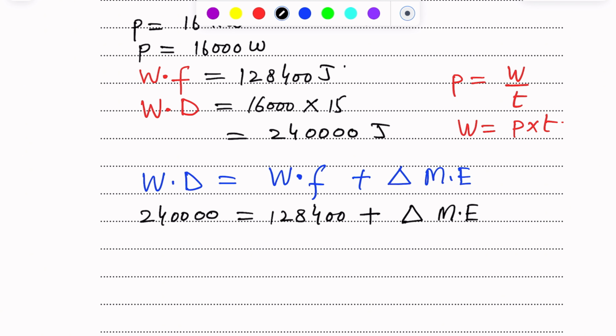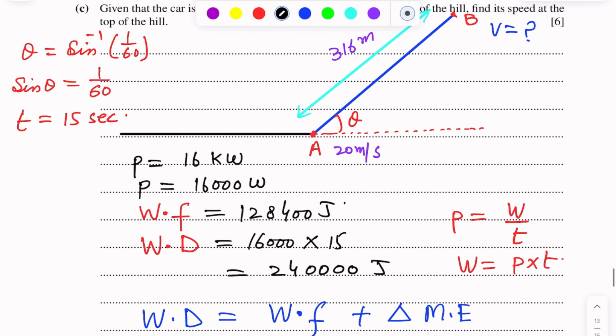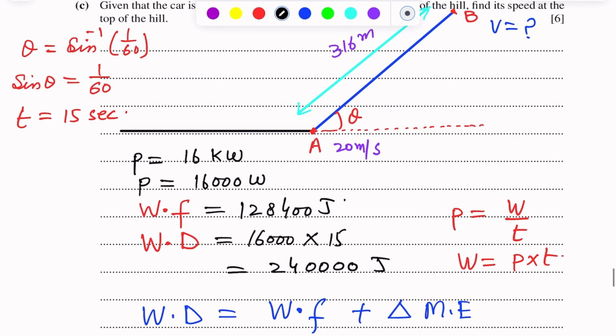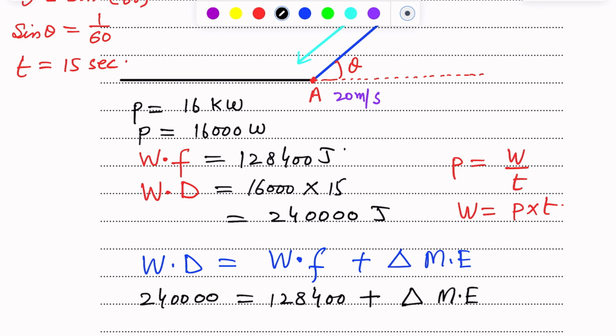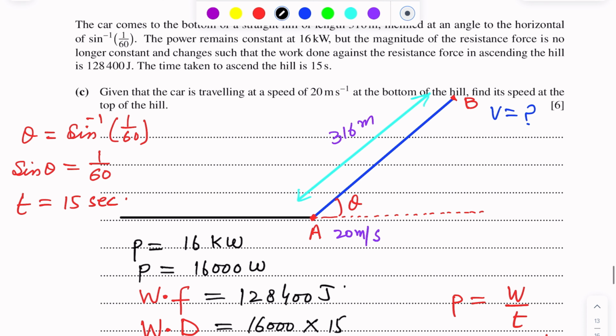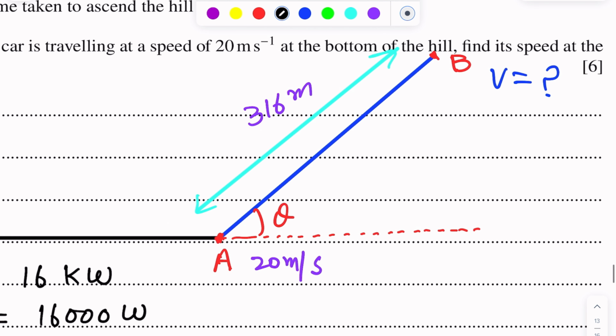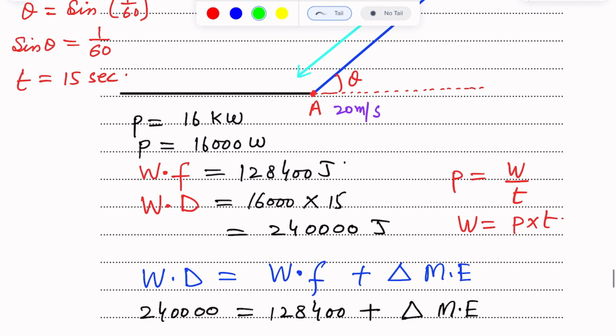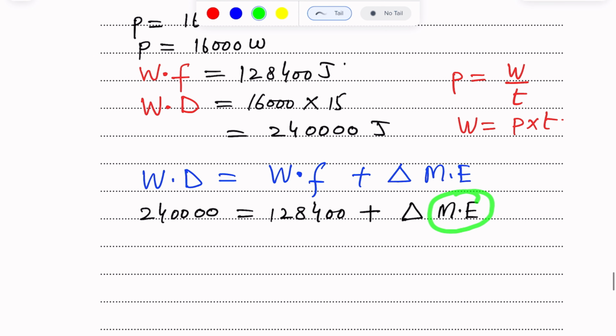Final mechanical energy minus initial mechanical energy. So first we have to find the mechanical energy at point A and at point B. Mechanical energy is the sum of potential energy and kinetic energy. Let this be equation 1 for reference.